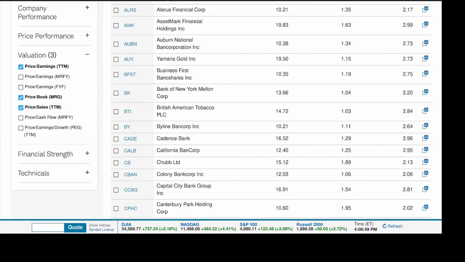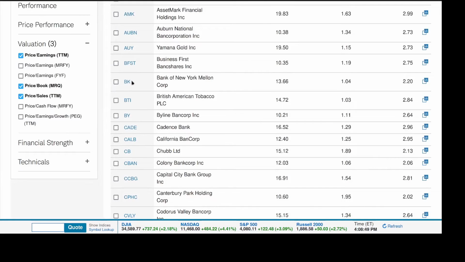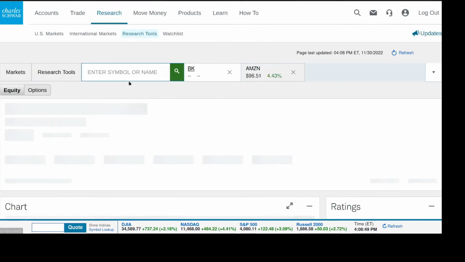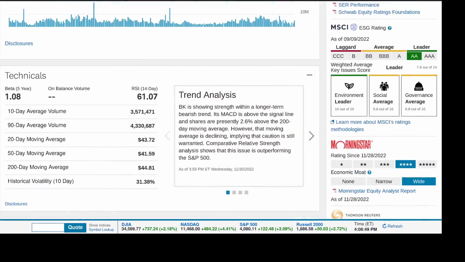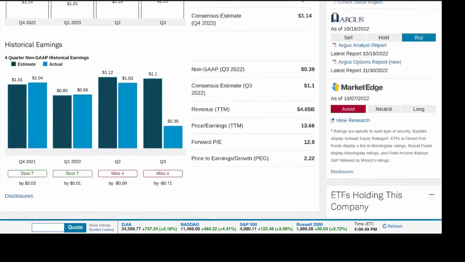So I think I like their stock screener. It's pretty easy to use. It's pretty fast. There's nothing that's confusing about it. It's clean. It's not cluttered.